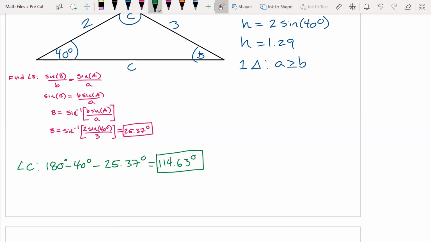So there you go. We know angle B, we know angle C, and then all we have left to solve for is side C.